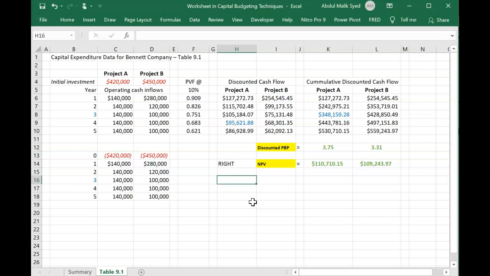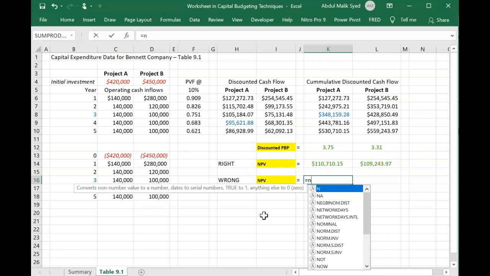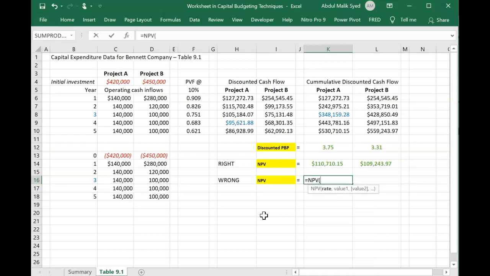Okay, there is a wrong way because many experts make this mistake when they calculate NPV. They use the NPV function formula. They take the rate properly, and then when it comes to the values, they take from 0 to the fifth year because of the general equation which we said in the PowerPoint.